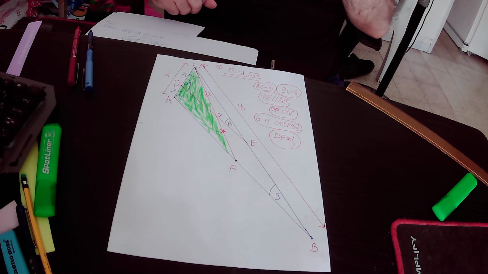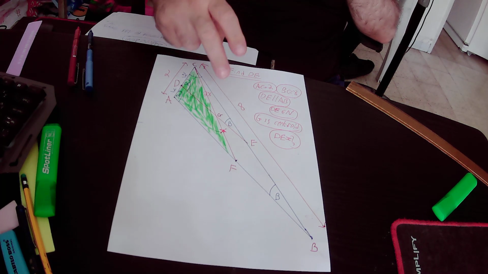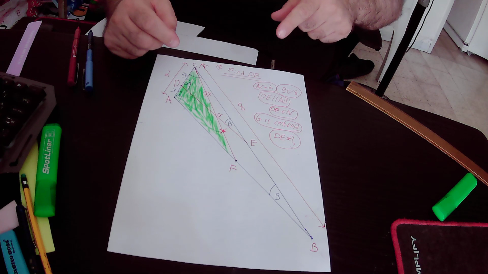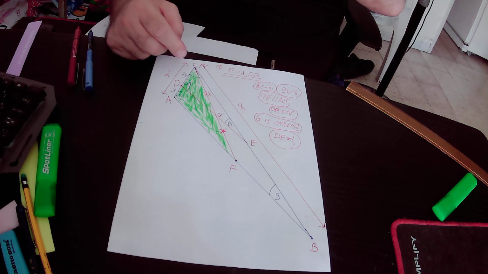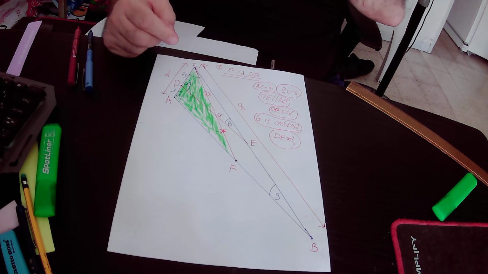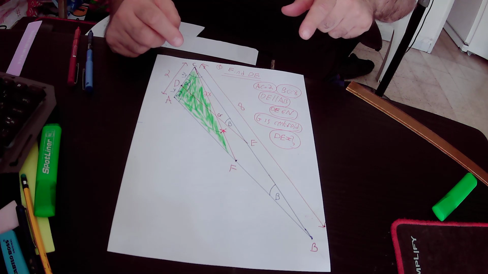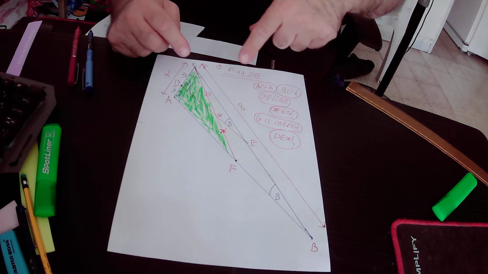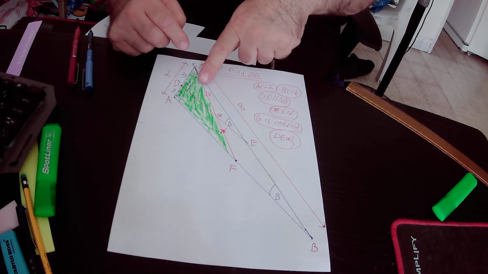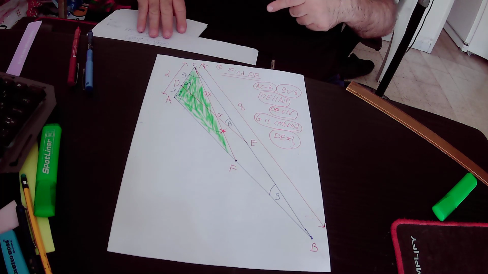Then we focused on triangle ABC, the big triangle, and triangle DEC, and we proved that the big triangle ABC is similar to the small triangle, triangle DEC.